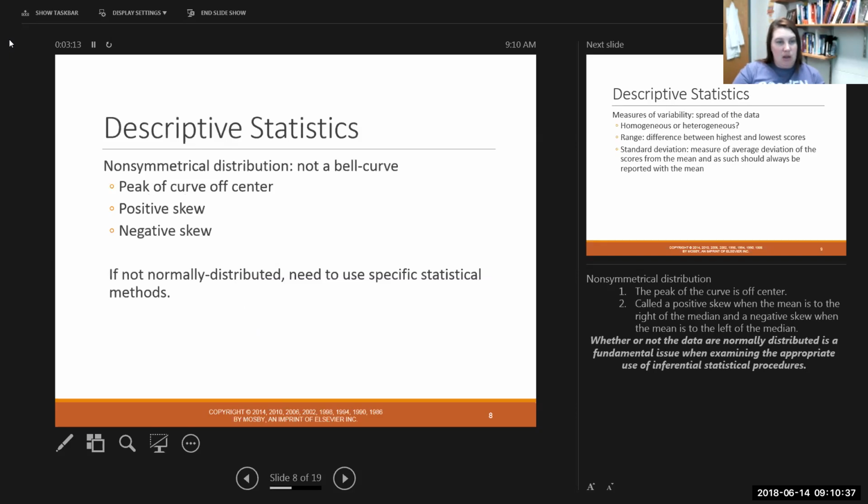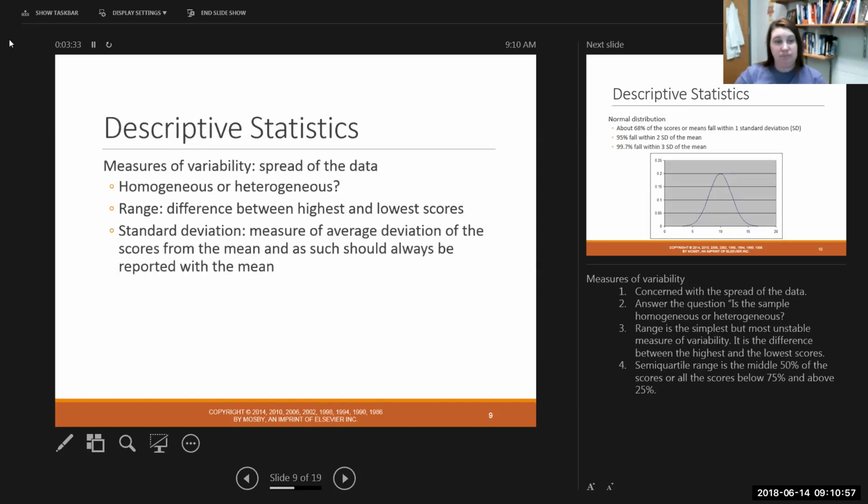There's also, as I just said, non-symmetrical distribution, where it doesn't look like a bell curve. The peak can be off to the center, and you can either have a positive or negative skew. If you see data like this, then you need to have specific statistical methods to really be delving into this.